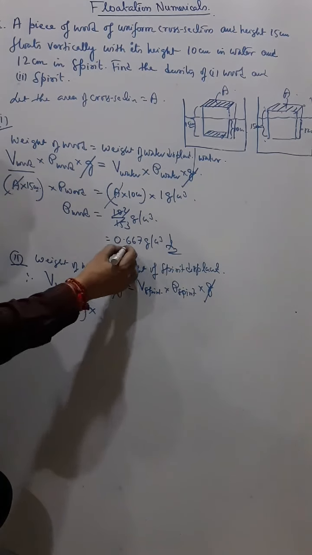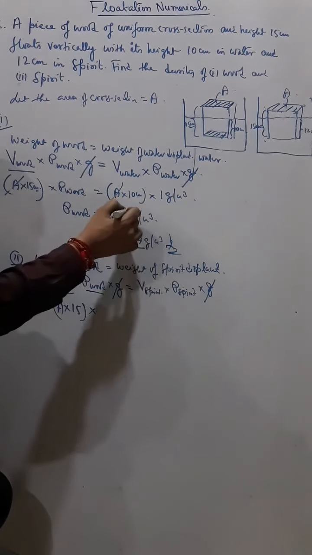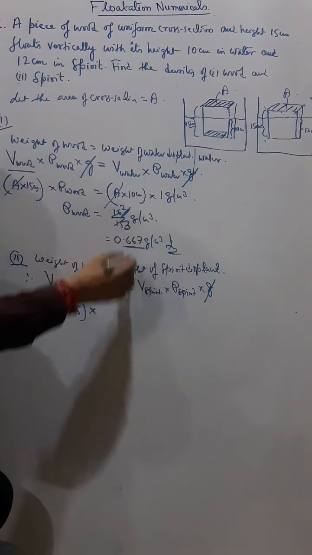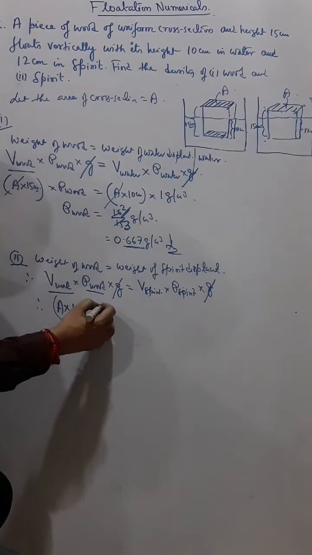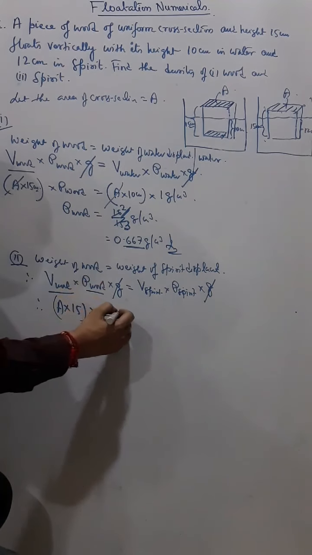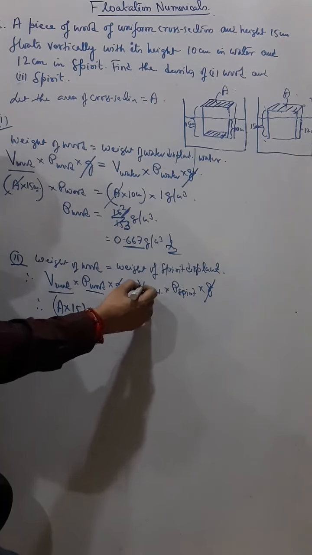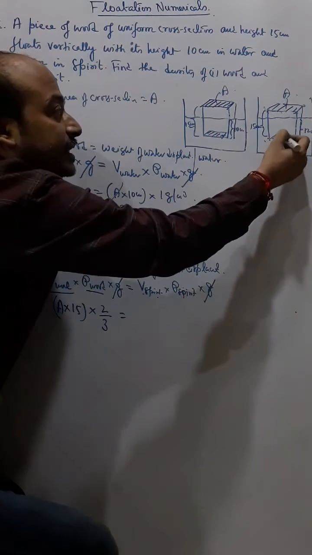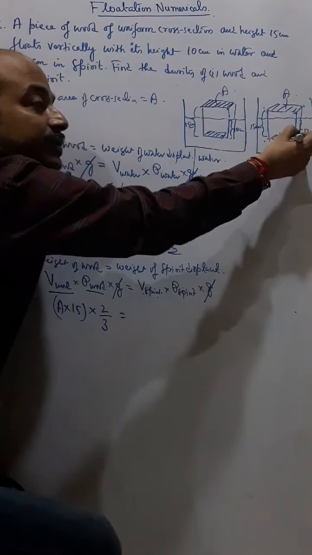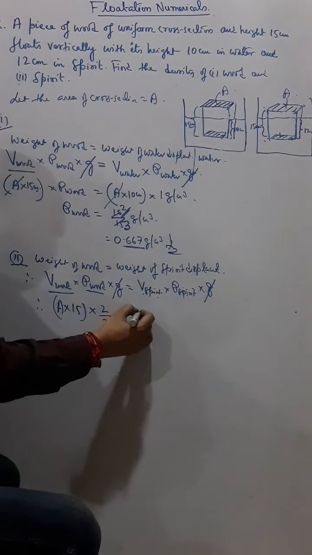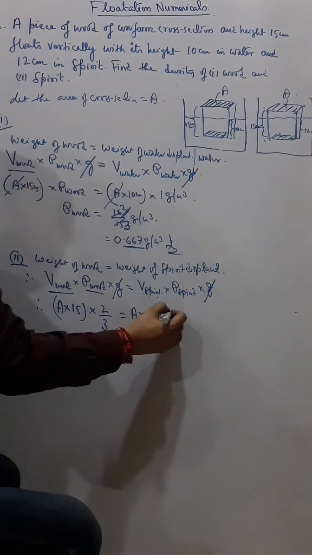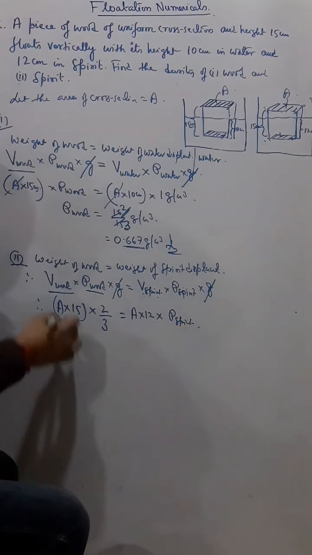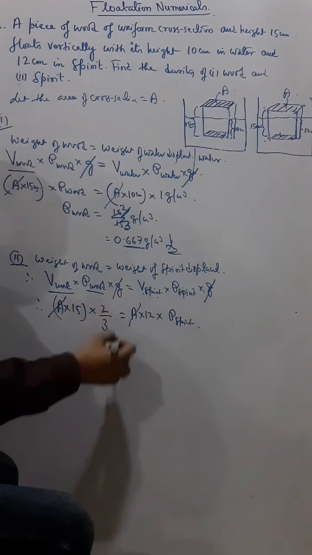Density of wood is this, but we'll use 2 by 3, so you can cancel it easily. Volume of spirit displaced is the base area A into 12, and then density of spirit. So again A and A get cancelled.